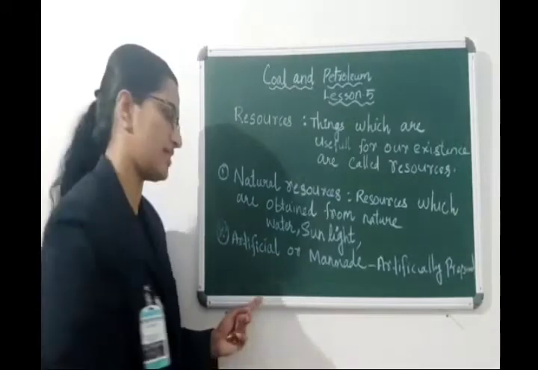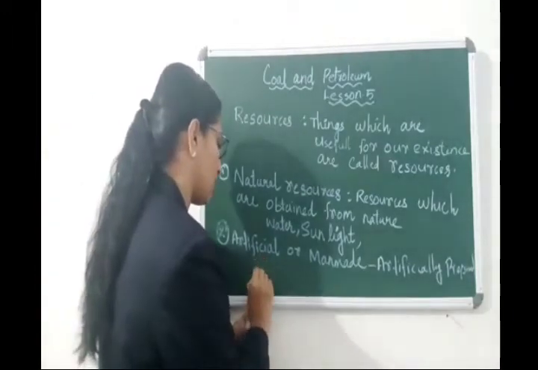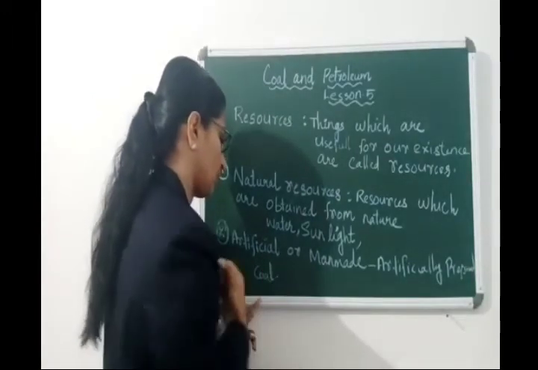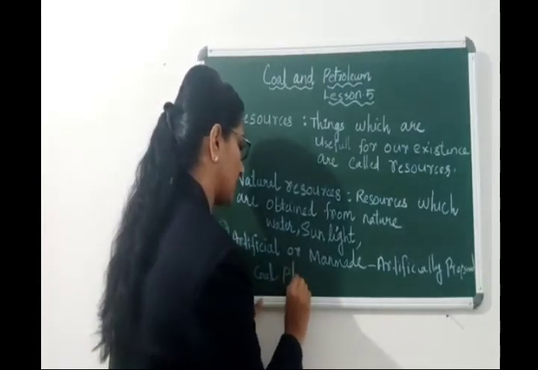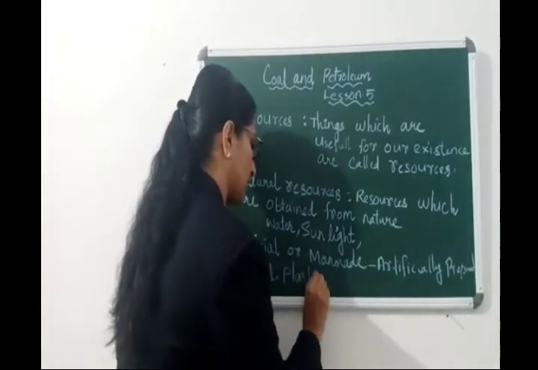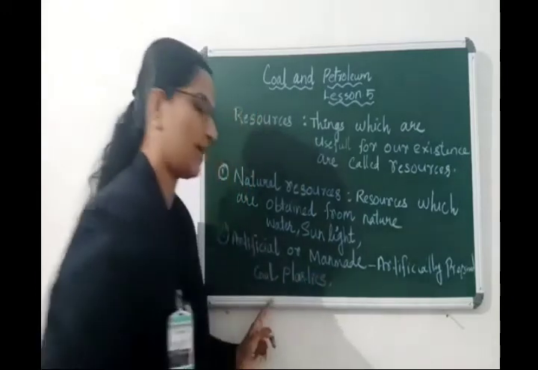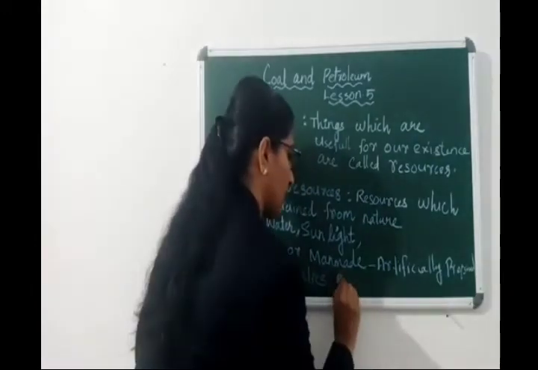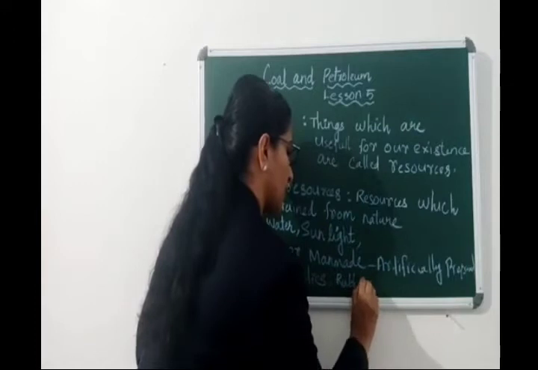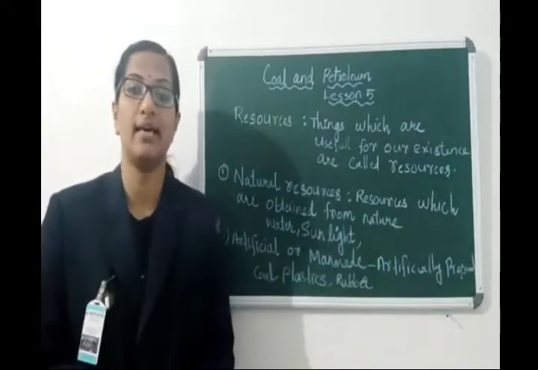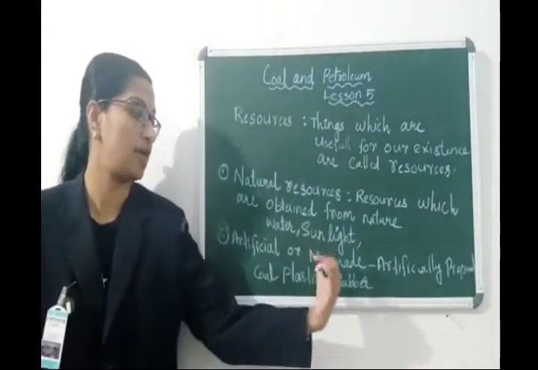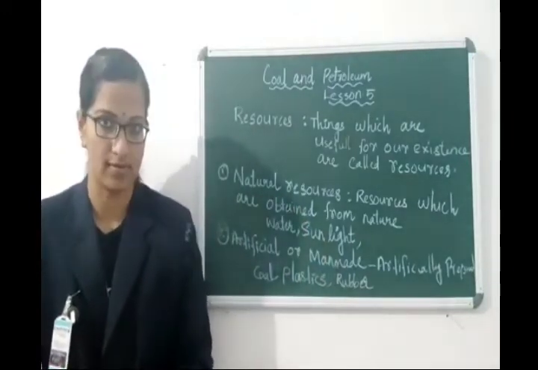You can say any examples like coal, plastics. Any other examples? Yes, rubber. These all are examples of artificial or man-made resources.